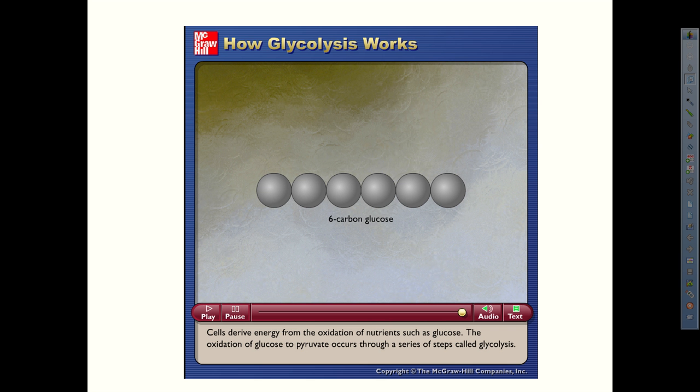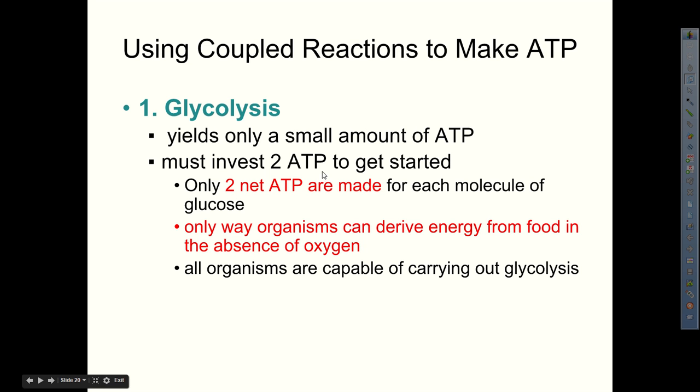Okay, again, go back and watch these animations. So as I said, we make 4 ATP in this process, but with that initial investment of 2, we only net 2 ATP. We're only positive by 2. And so for organisms that are anaerobic, this is a process that they use.